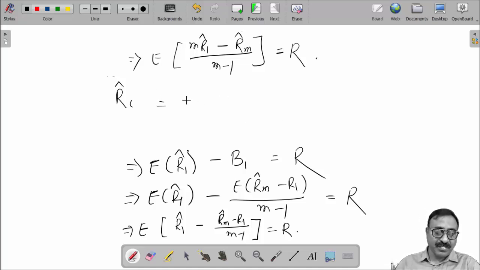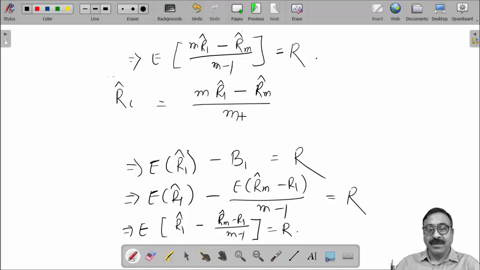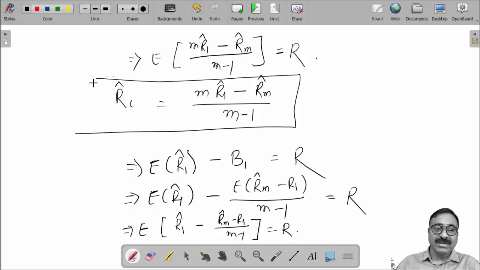So RC cap we denote, this is m R1 cap minus Rm bar by m minus 1. So this is an almost unbiased ratio estimator for the population ratio R.